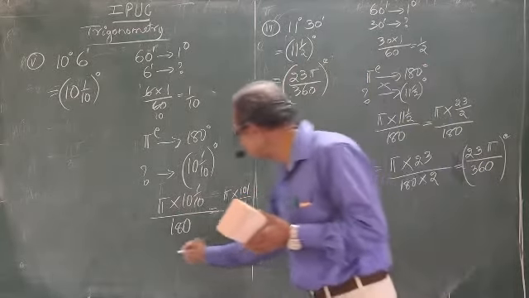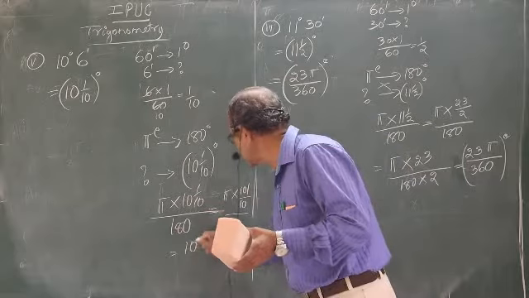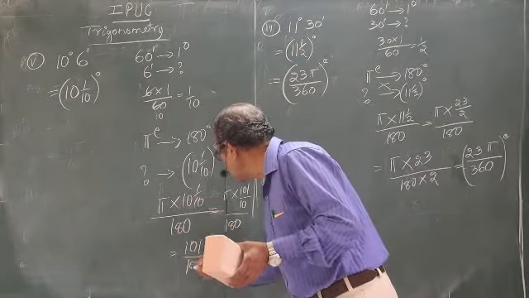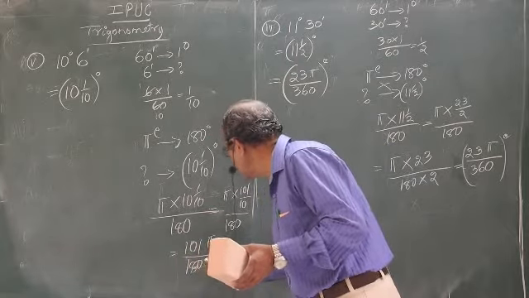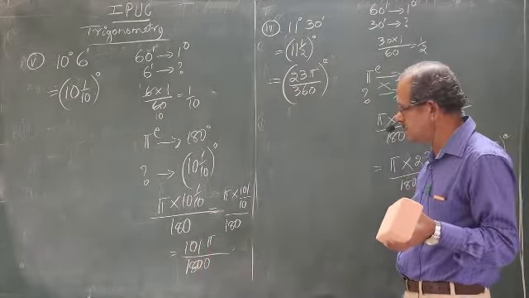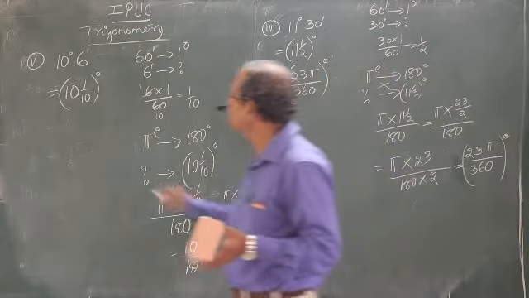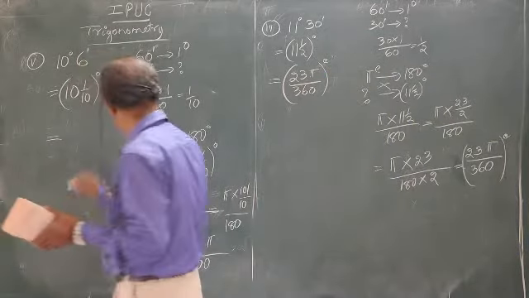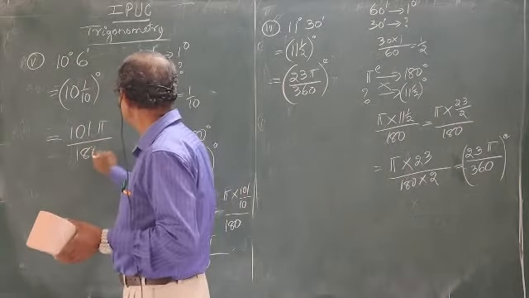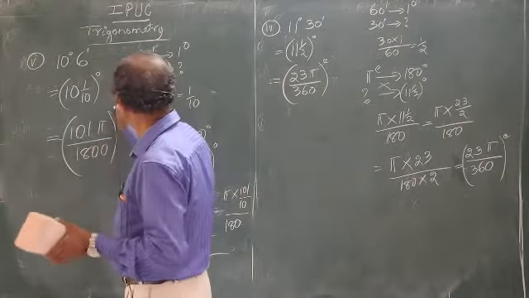Or final answer will be like this: 101 pi divided by 180, 1 more 0, 10 comes to the denominator. So equal to 101 pi by 1800 radian. Over.